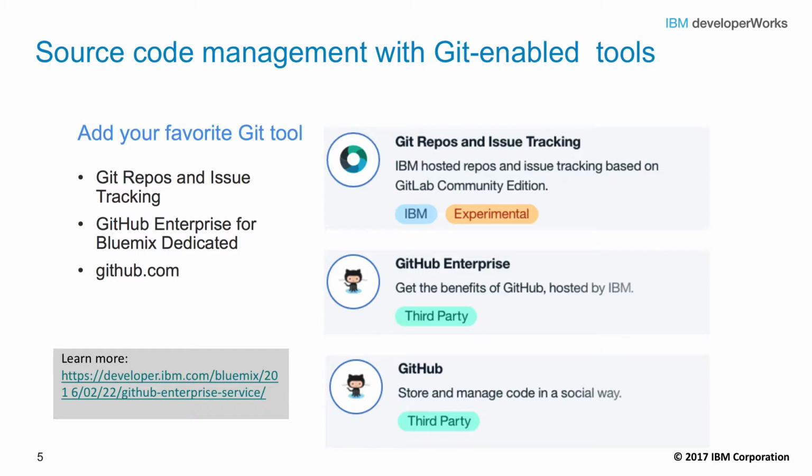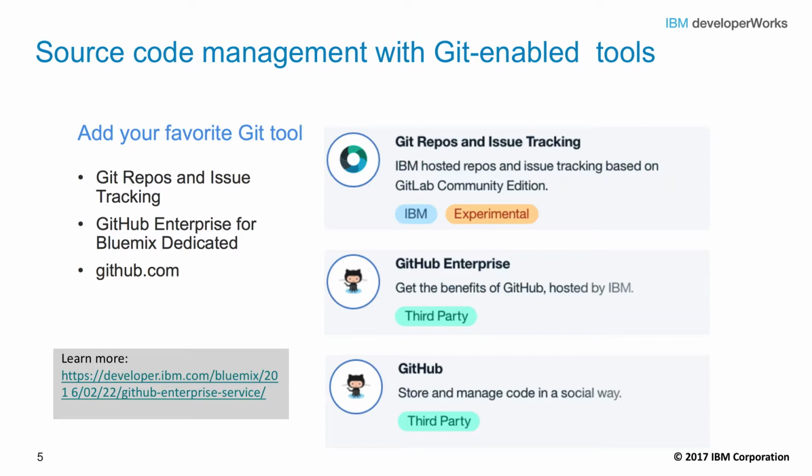A common entry point to a continuous integration or continuous delivery process is a source code management repository. There's a toolchain integration supporting collaborative development and versioning features through either GitHub or Git repos based on GitLab, which is hosted on Bluemix. This allows you to deliver code seamlessly and track changes from project contributors.